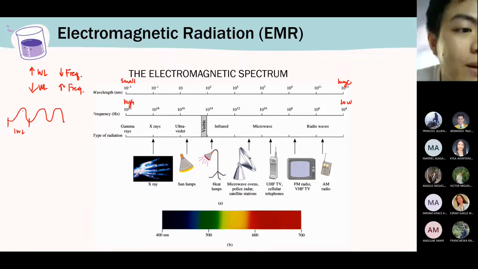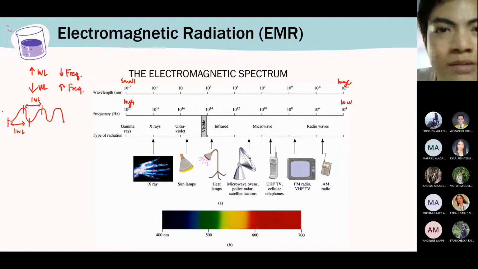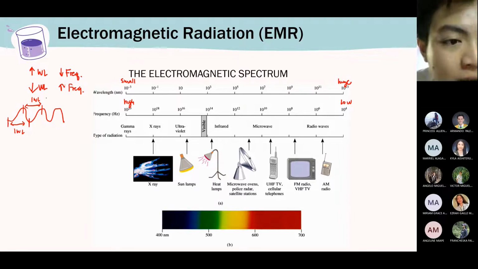The wavelength can also be measured at the top. So this is also one wavelength. It depends on where you measure it, either at the peak or at the trough. The peak is the one on top, the trough is the one at the bottom. The distance between them is called a wavelength.